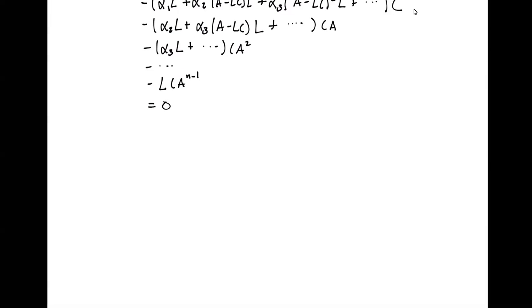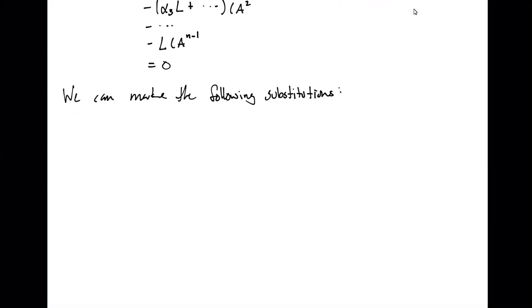So then we can make the following substitutions. All right. So we can get alpha of A is equal to alpha naught I plus alpha 1 A plus alpha 2 A squared plus alpha 3 A cubed plus alpha n A to the n.